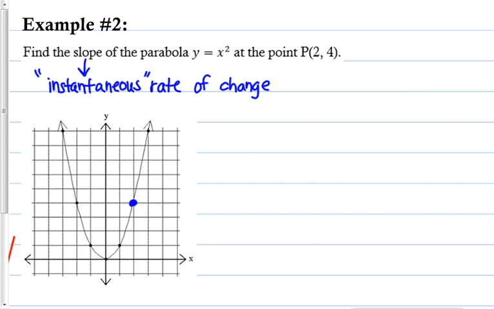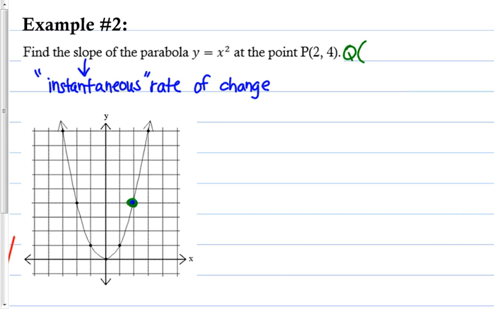In fact, I'm going to call it Q. And the idea with calculus is that whatever other point you use, you want it to be really, really close to the point that you actually wanted to find the slope of. I wanted to find the slope of 2, 4. So my new point is going to basically be so close to 2, 4 that I can't even notice the difference.